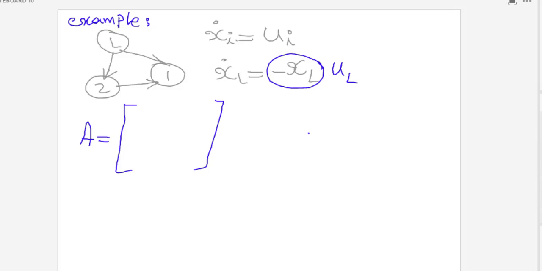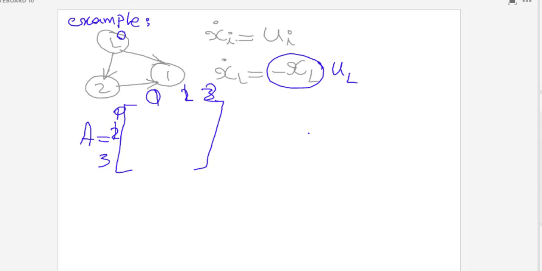How many agents do we have? Three agents with a leader. We can say that we have 2 agents or 3 agents with leader.